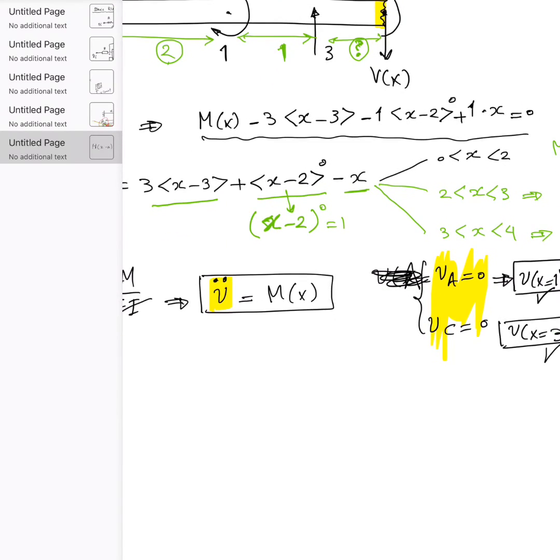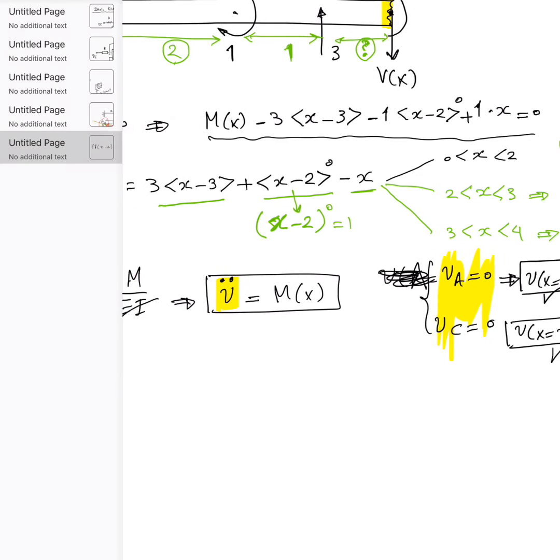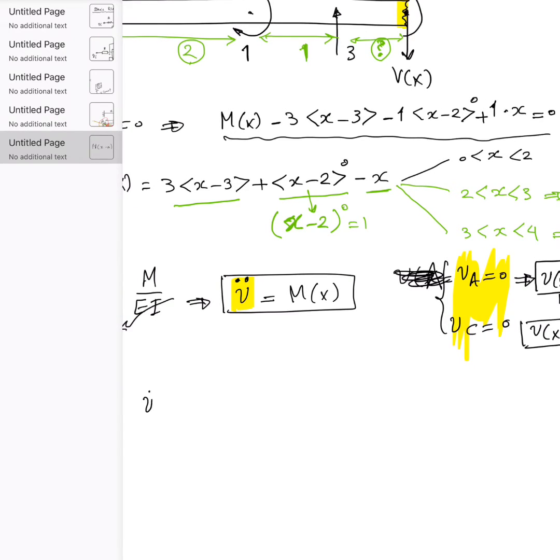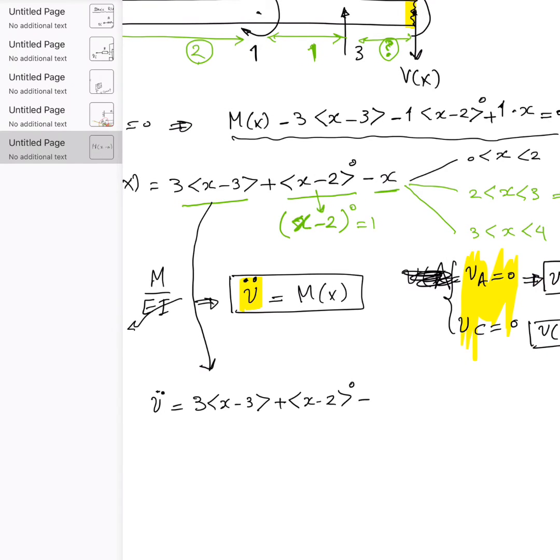So if I integrate that, let's plug in M of x. You have the second derivative equal to M of x, which I use this relation. So plug it right here. So you get 3 times x minus 3 inside Heaviside plus Heaviside x minus 2 to 0 minus x.